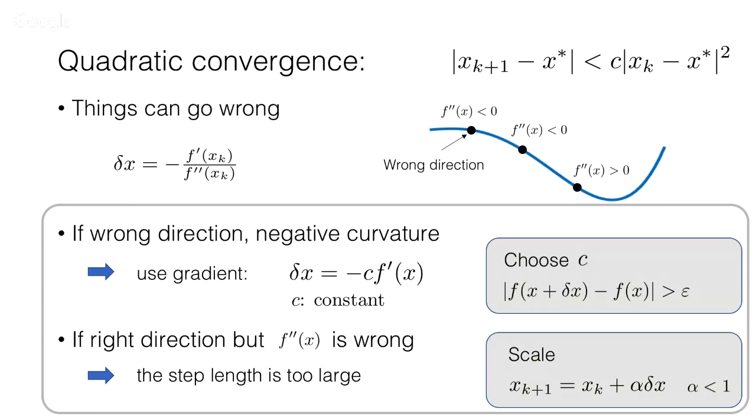You say, okay, I think that's in the right direction, and I might scale it back by a certain amount. So the output xk plus 1 is equal to xk plus some proportion of the delta x that you just solved for.